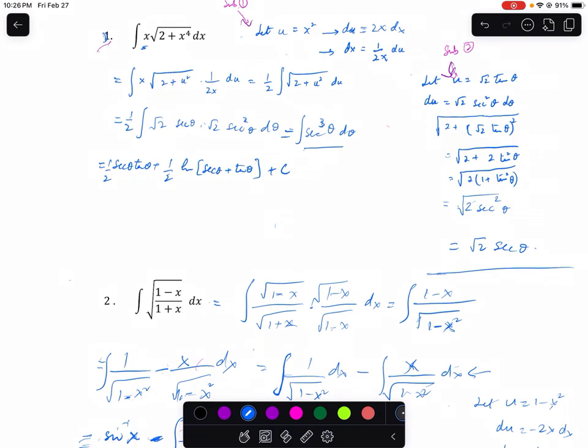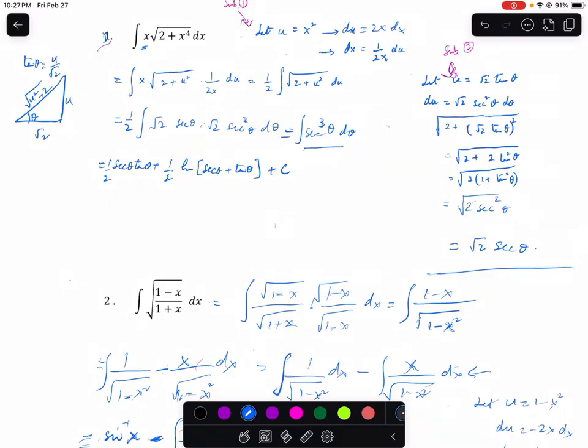So I can make a triangle with theta, because we have tangent of theta equal to u over square root of 2. So u will be here, square root of 2 will be here, and the hypotenuse will be the square root of u squared plus 2.